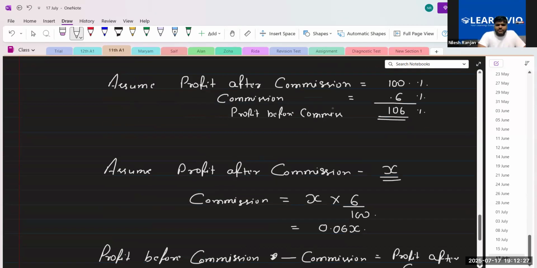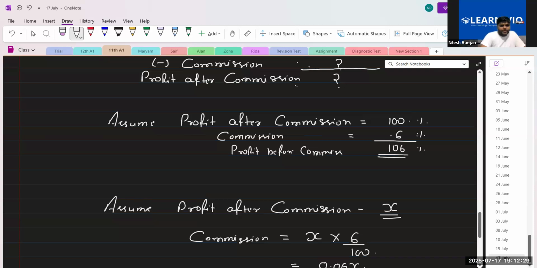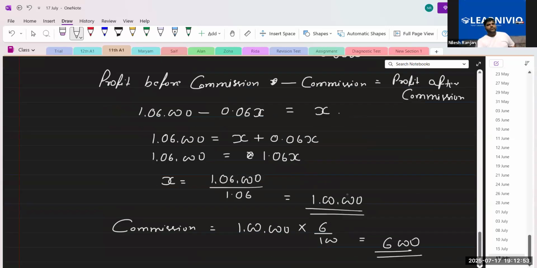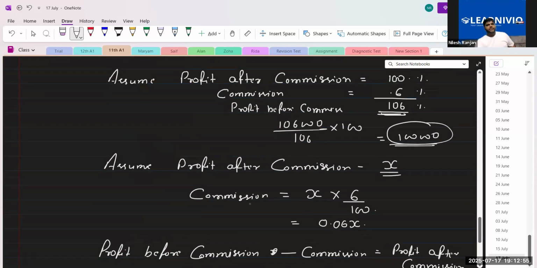Actually, this percentage calculation is also an easy one. Like 106% I have written. 1,06,000 is given, so divide by 106%. 106% means if you remove the percentage, 106. So it is 1 lakh. And then you can calculate commission on this. Same thing we have calculated here.